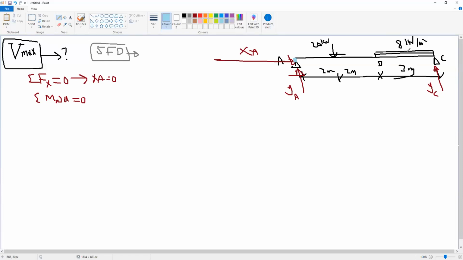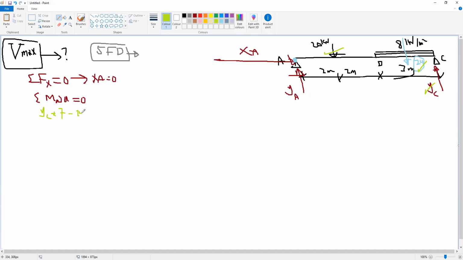we need to concentrate the uniform load first here, 8 multiplied by 3, so 24. So what causes moment at A? YC, 24 and 20. So YC multiplied by 7 minus 24.